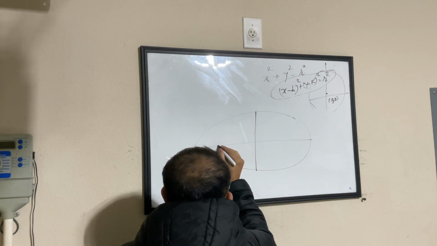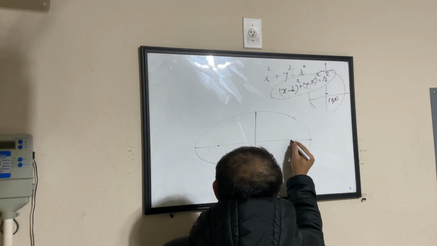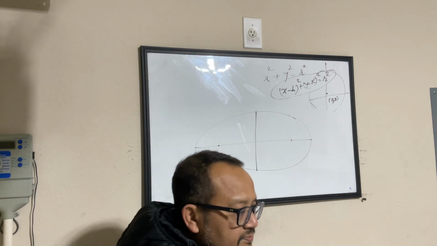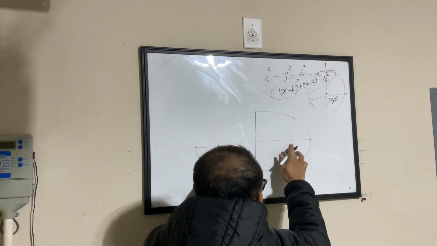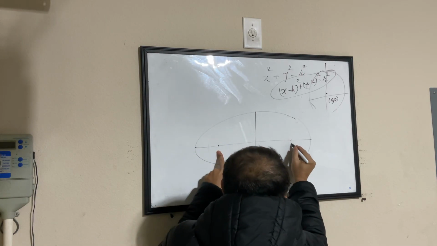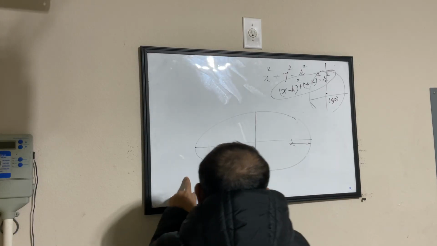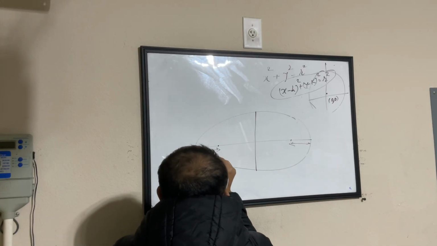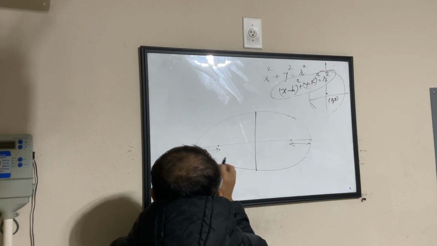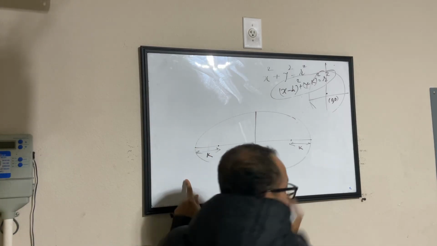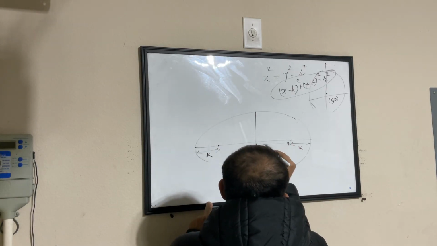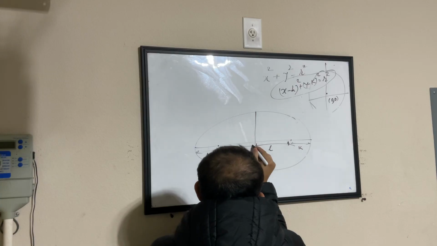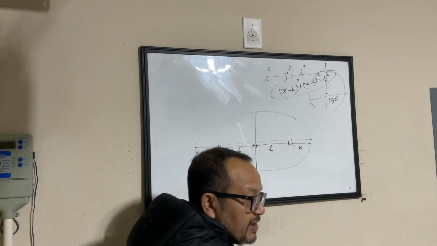There are 2 points along the horizontal axis, and these 2 points are symmetric, meaning the distance from here to here and from here to here is the same. Let me call it K. If this is K, this is also K. And if this is L, from here to here is also L. That's what I meant by symmetry.